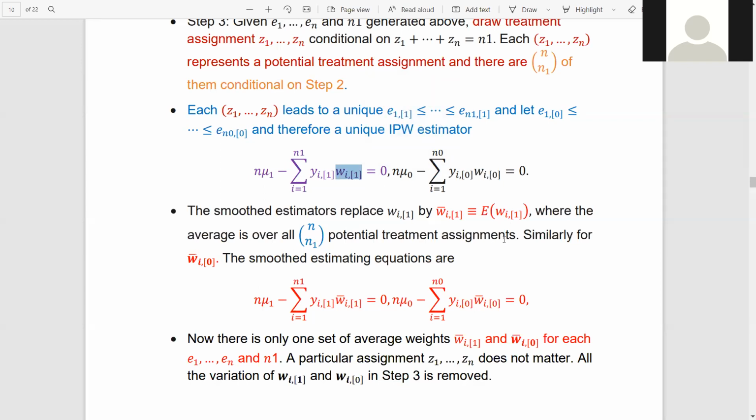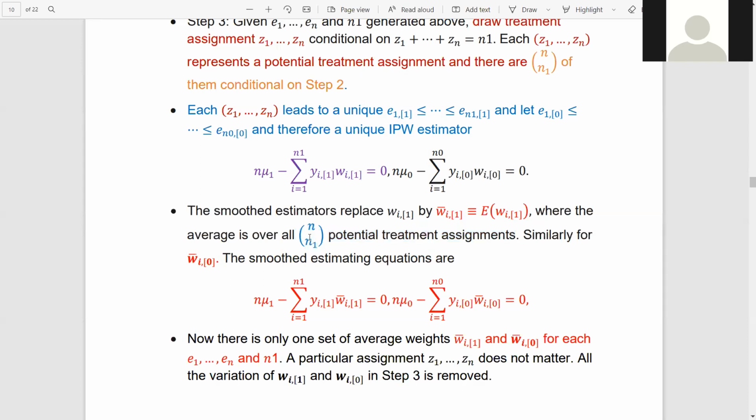Okay, so one thing I need to mention is I usually try to hide it, but although I say it's over all these potential treatment assignments, it's over their distribution. It's not just arithmetic. You get all these n over n1 potential assignments and then just do the average.